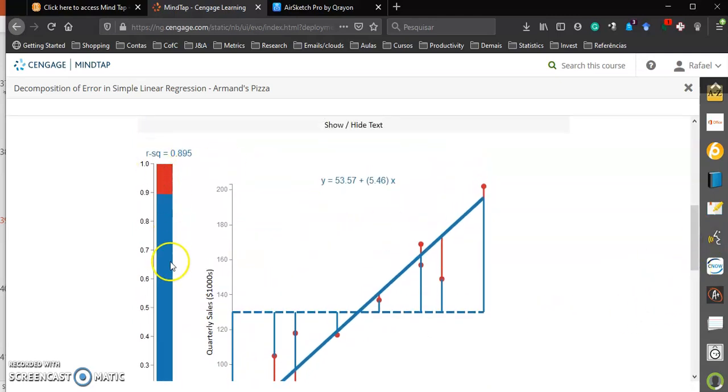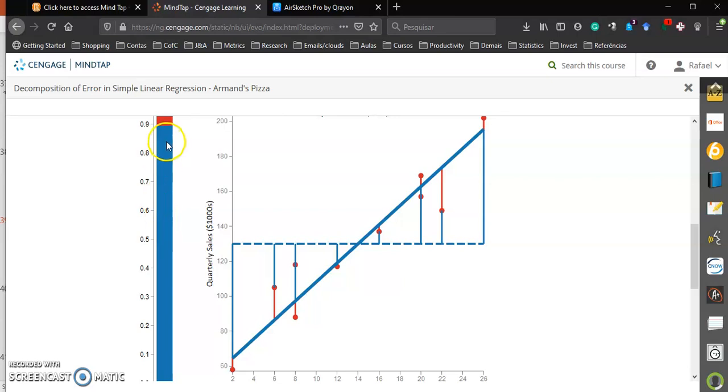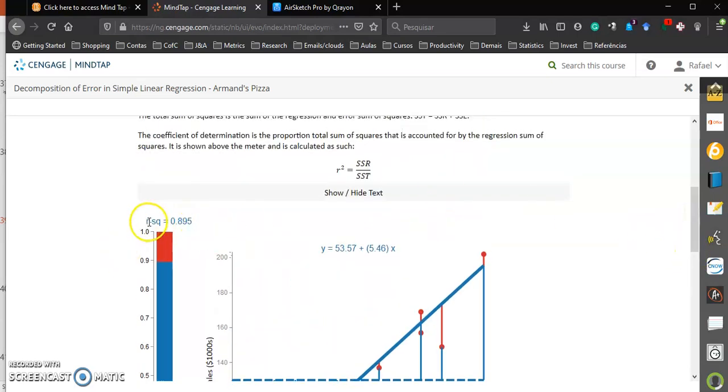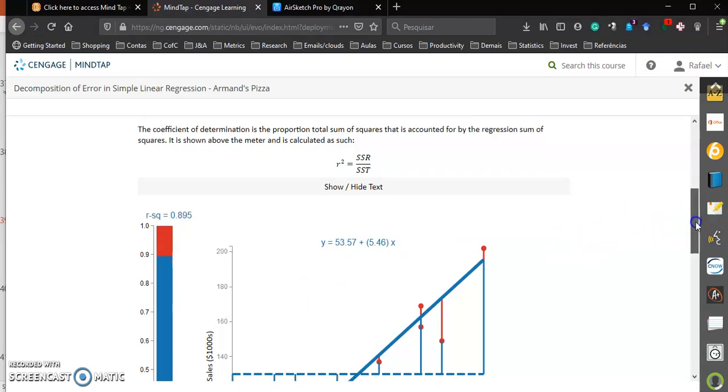And this bar, blue and red bar, is to help you understand the proportion of error in red and proportion of regression variation in blue. So the higher the proportion of regression variation, the more assertive our model is, which is shown by the coefficient of determination. So they're all tied together.